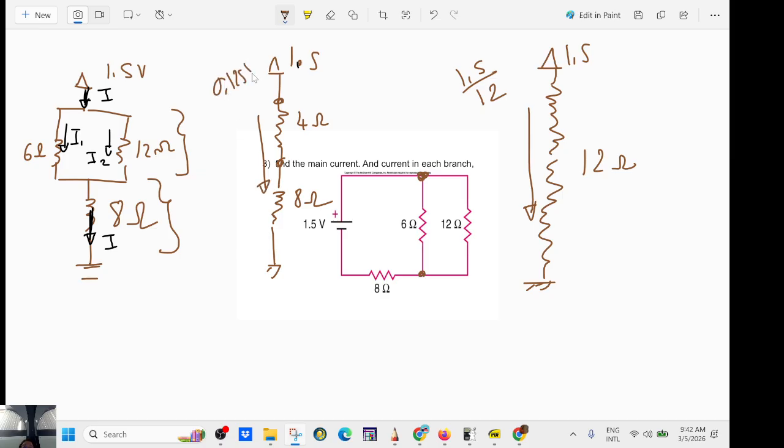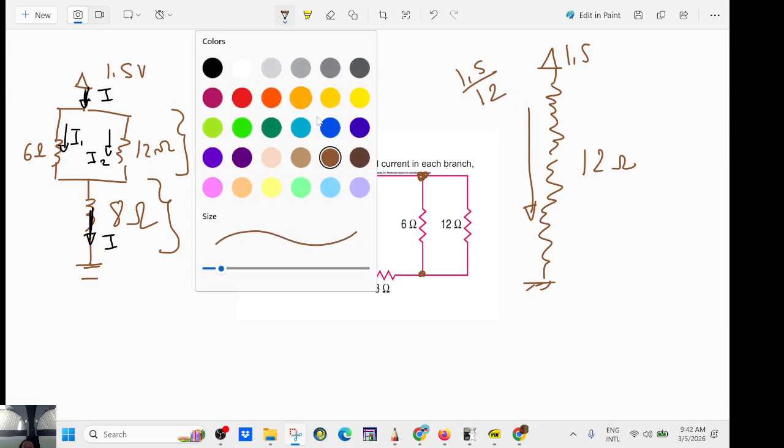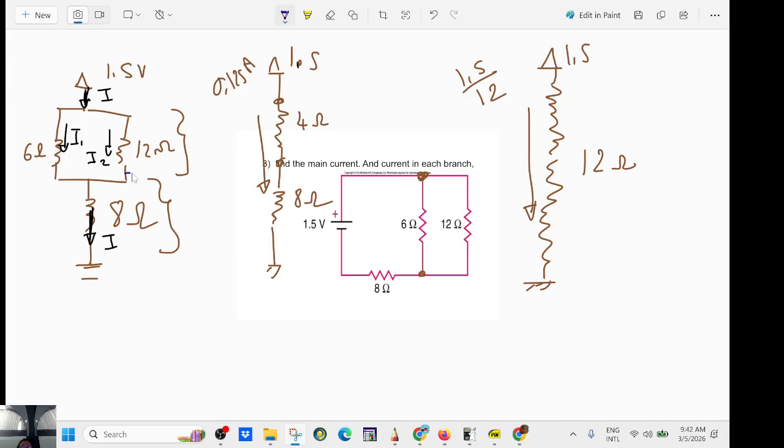The only thing that is sometimes hard, you have to remember this is the same altitude here. They have the same altitude. So here you're going to have a voltage drop. That will be the voltage across that resistance here. So it's going to be 0.125 times 4.